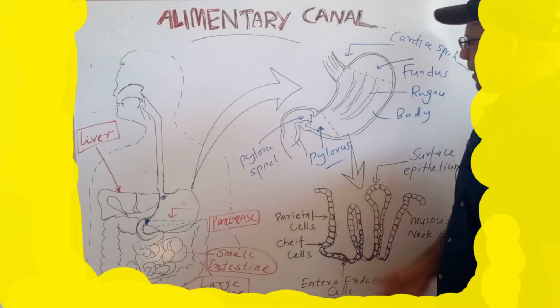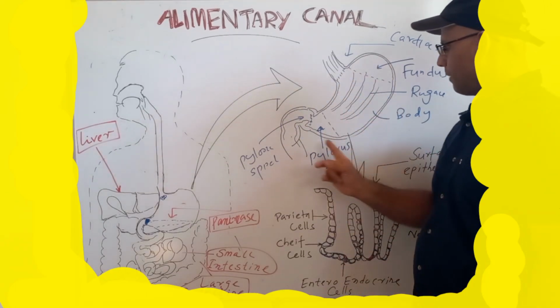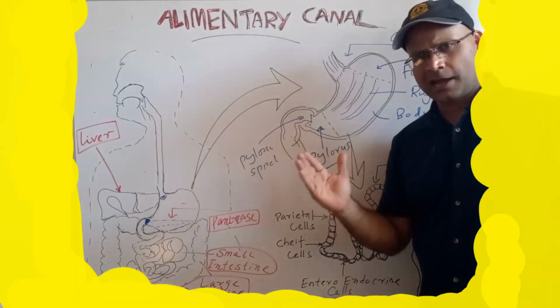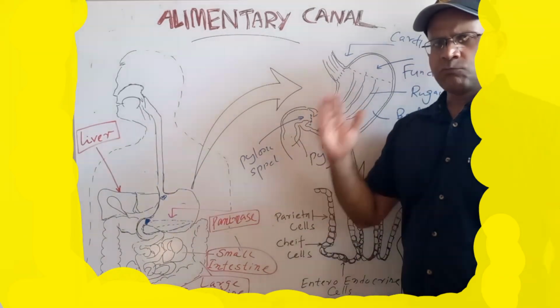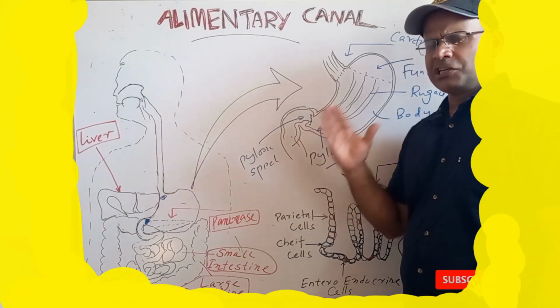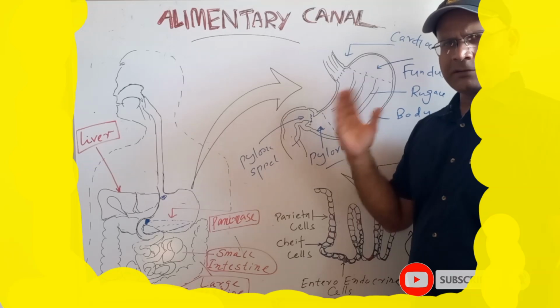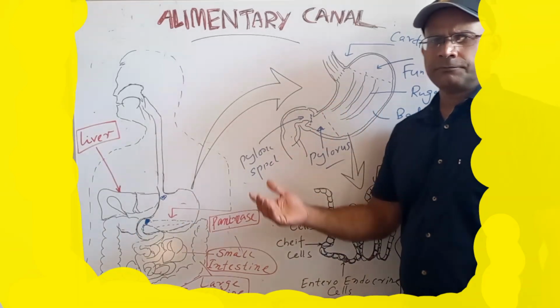When we look at the inside of the stomach cavity, the inner lining we call mucosa. Mucosa consists of numerous gastric glands.